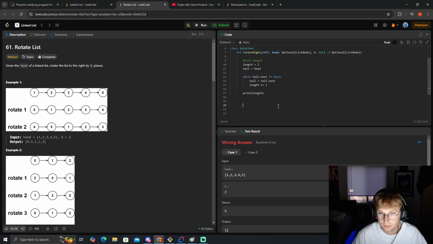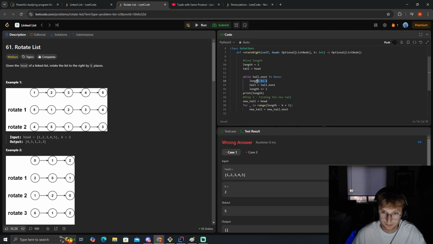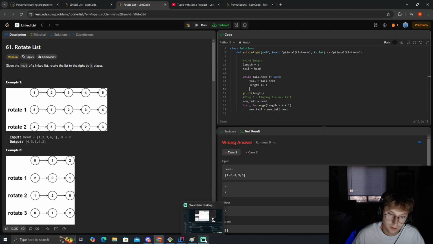So we do for x in range length minus k. So we're looping by 1 to length minus k.